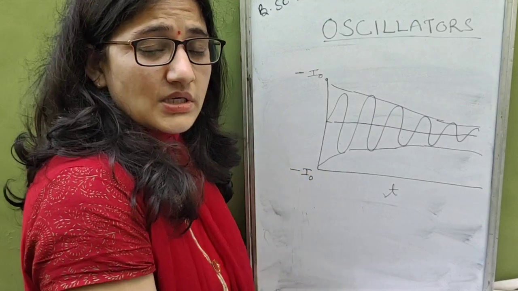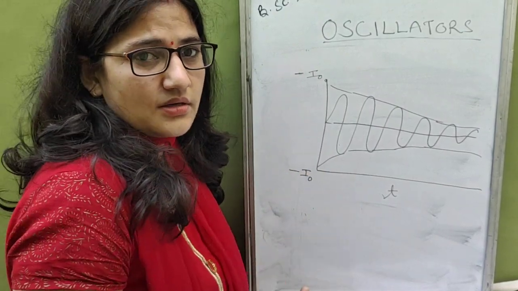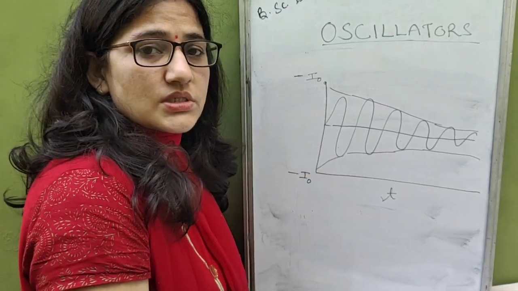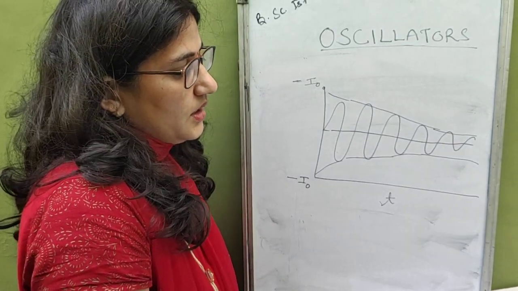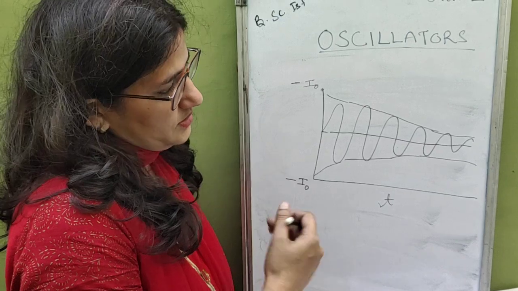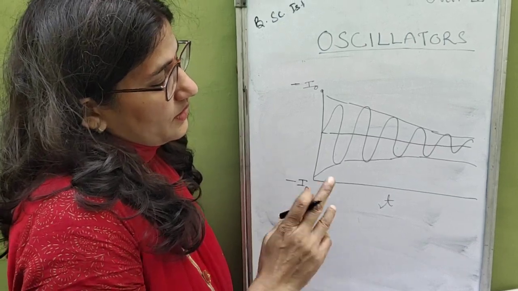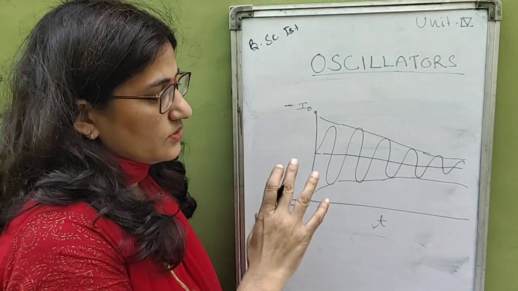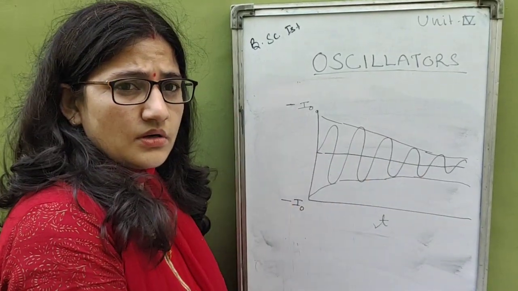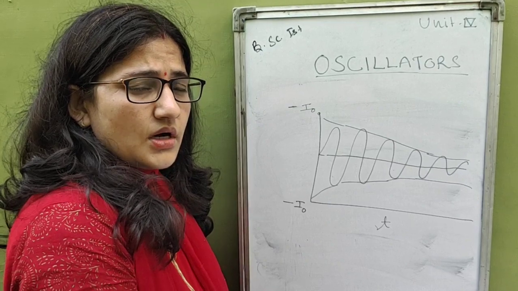So what type of oscillations are these? These oscillations are not undamped oscillations, which is our requirement. So what can we do? We have to fulfill some conditions for obtaining the undamped oscillations.